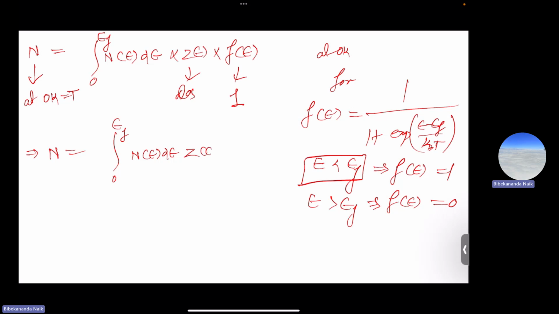Of NE DE, ZE into 1. Since in ZE it is E to the power half, if you integrate it, it will be E to the power 3 by 2.